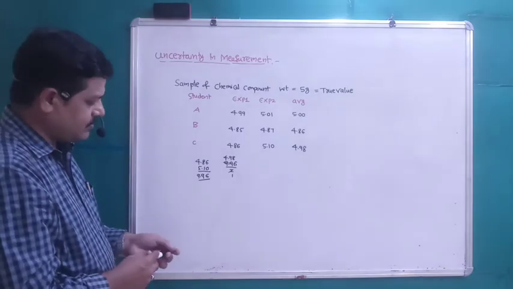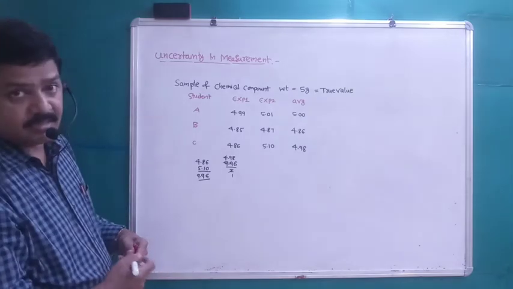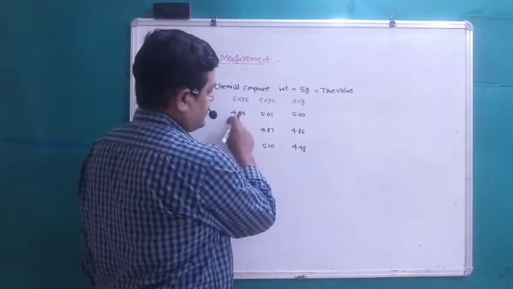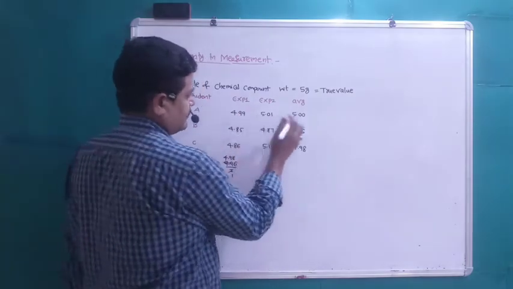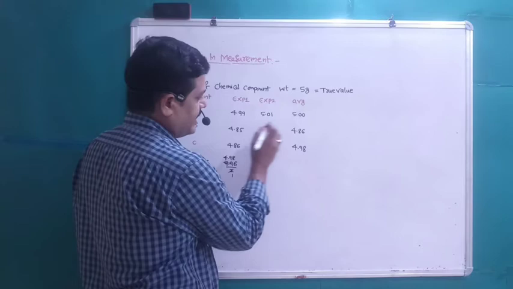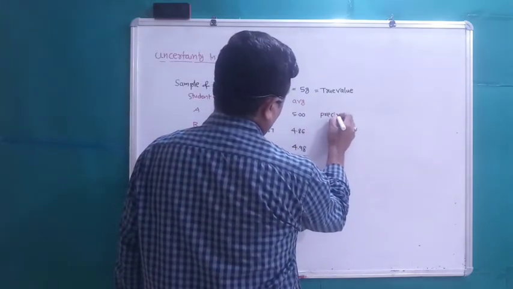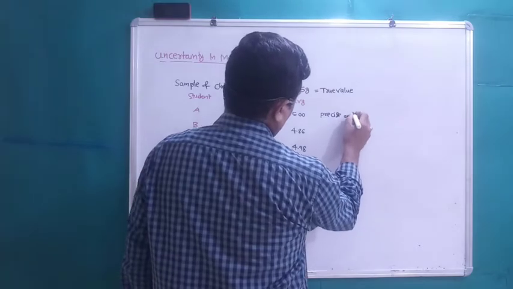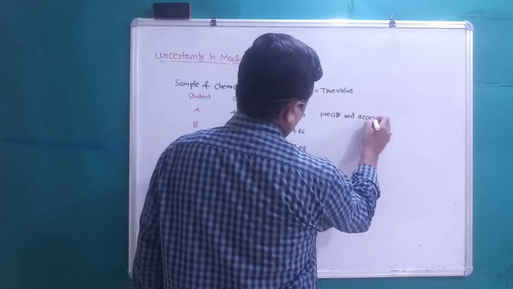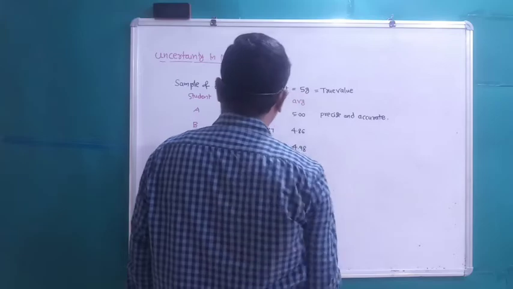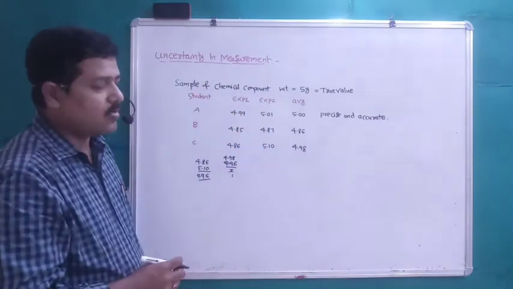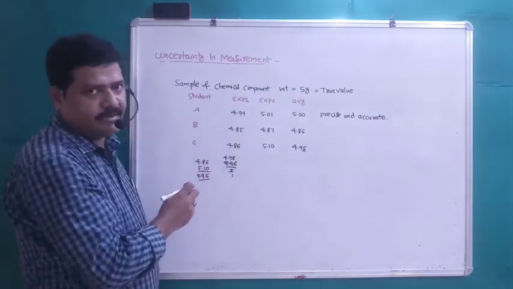From A's values it is clear that they are accurate as well as precise. Precision is the closeness of all the measured values.